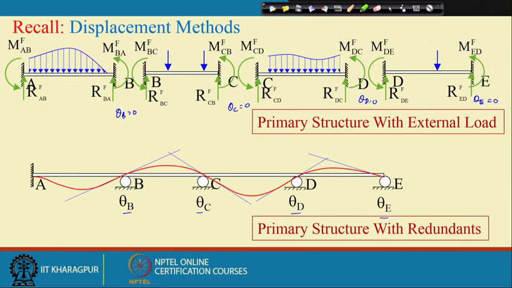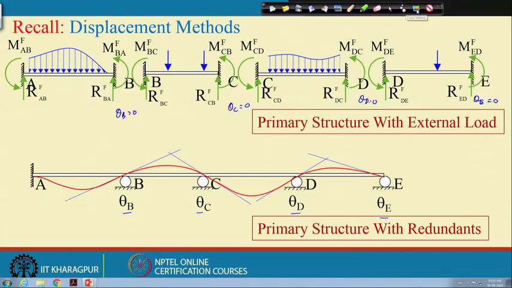Now, in order to create this deformation, you have to apply some force, say for instance some force like this, and then some force like this. Then the equivalent joint load.